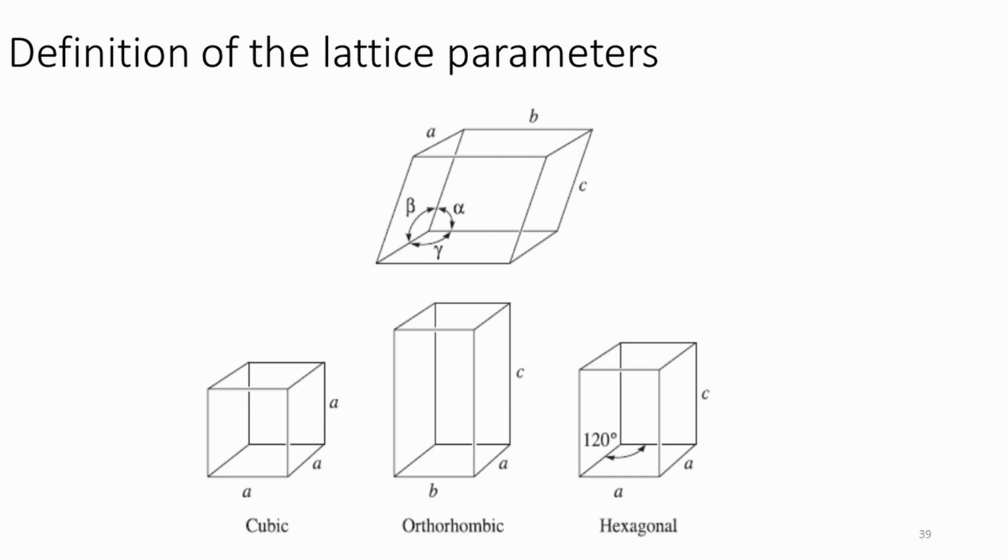For an orthorhombic unit cell, we must specify the dimensions of the 3 sides of the cell, a0, b0, and c0. A hexagonal unit cell requires 2 dimensions, a0 and c0, and the angle of 120 degrees between the a0 axes. The most complicated cell, the triclinic cell, is described by the 3 lengths and the 3 angles.